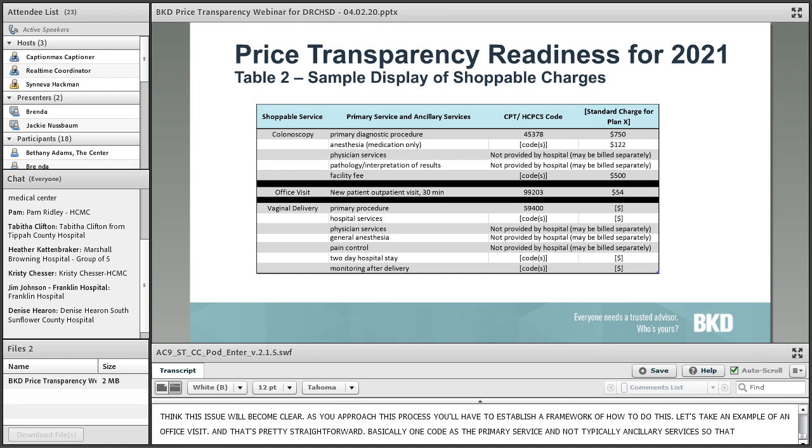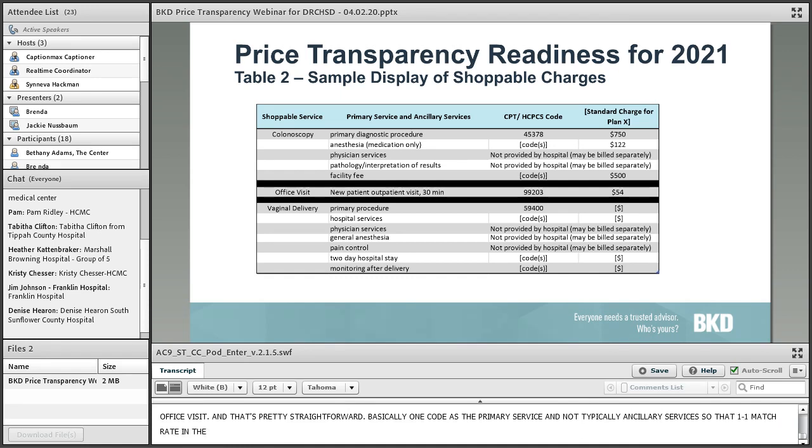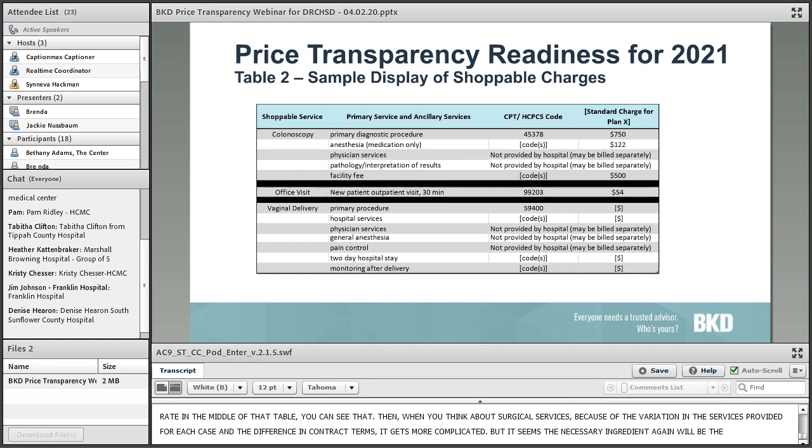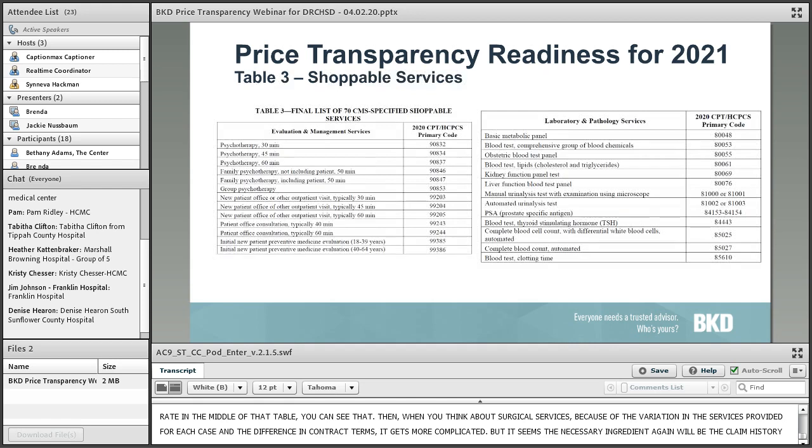So if you look at the list of the 70 shoppable services that CMS is requiring, I think this issue will become clear. So as you approach this process, you'll have to establish a framework of how to do this. Let's take an example of an office visit, and that's pretty straightforward. Basically, one CPT code as the primary service and not typically ancillary services, so that one-to-one match, right in the middle of that table, you can see that.